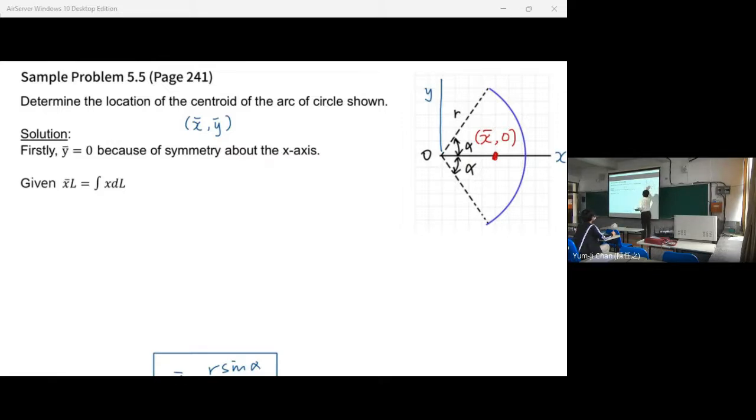Okay, this arc will make a moment, and gravity goes in this direction. So consider the moment about the y-axis here.